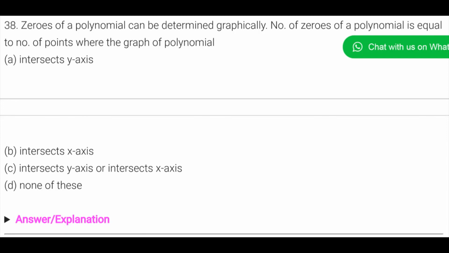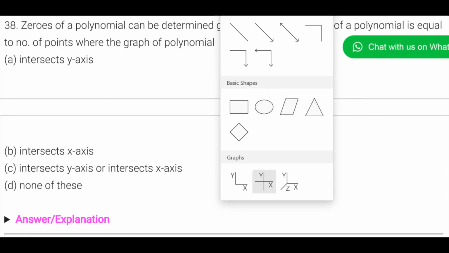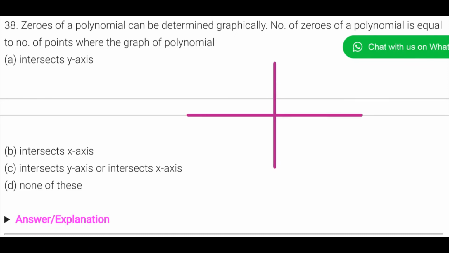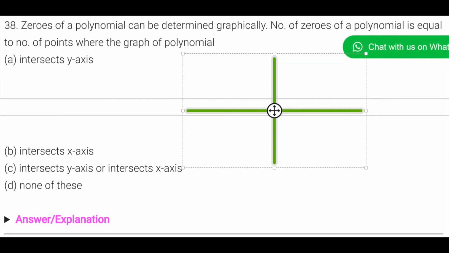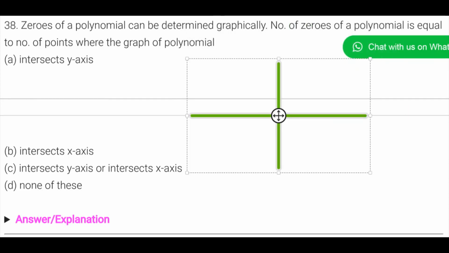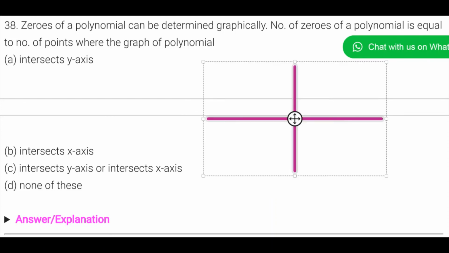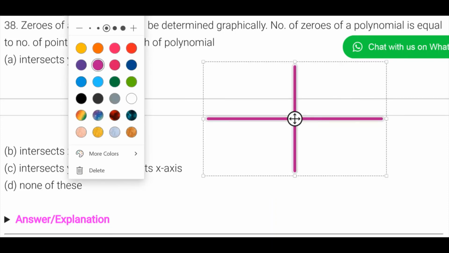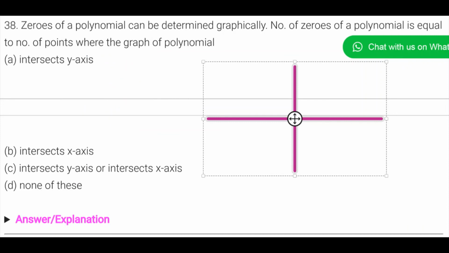If you understand the graphs of polynomials, for every graph, if you take any random curve, whenever we draw a curve, the curve should be touching the x-axis instead of the y-axis here.